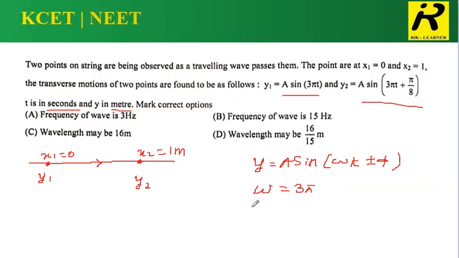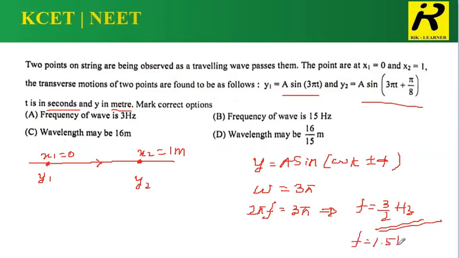Omega is 2 pi times the frequency f, which equals 3 pi. So f equals 3 by 2 per second, otherwise hertz, the number of cycles per second. 3 by 2 is nothing but 1.5 hertz. So in options A and B, none of the answers match, so option A as well as option B is wrong.